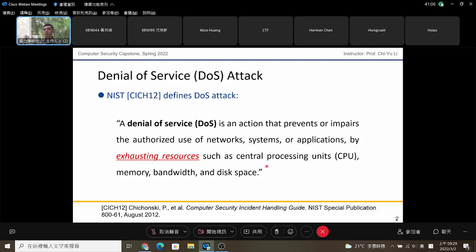Usually the DOS attack consumes all the resources so that it prevents networks, systems, or applications from authorized usage.